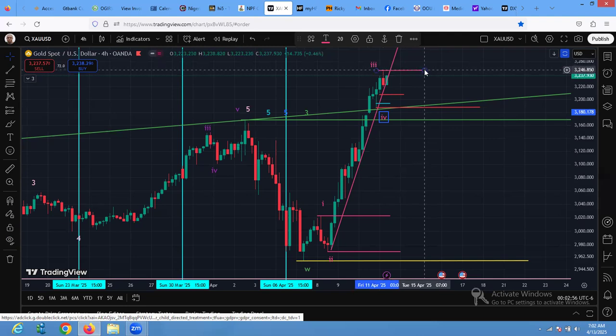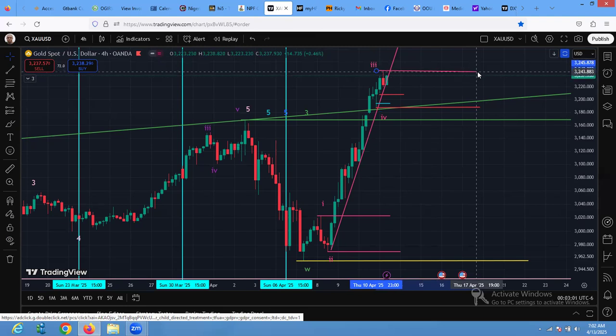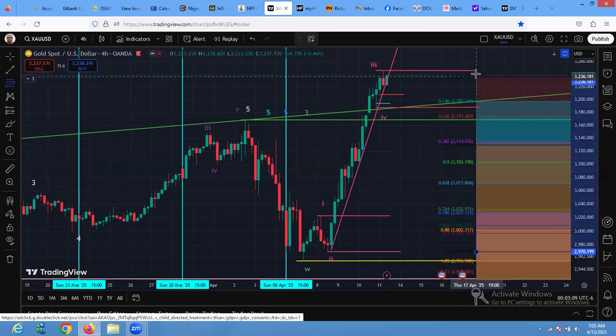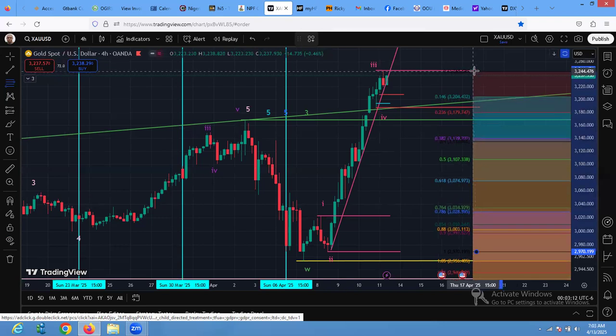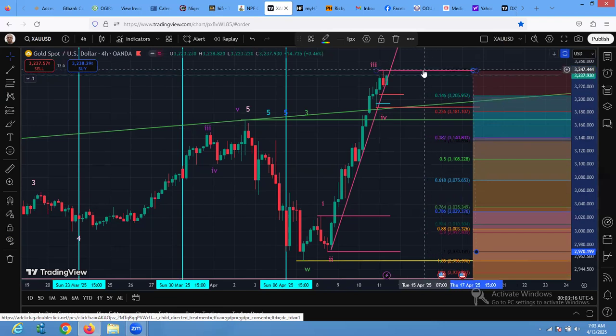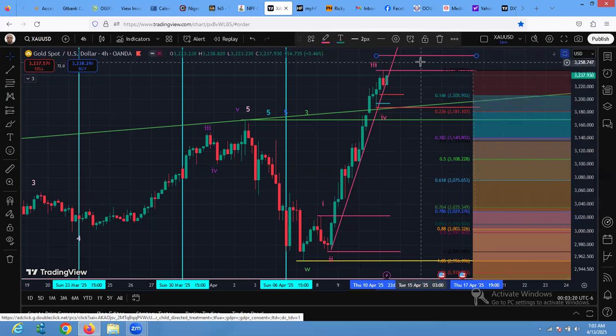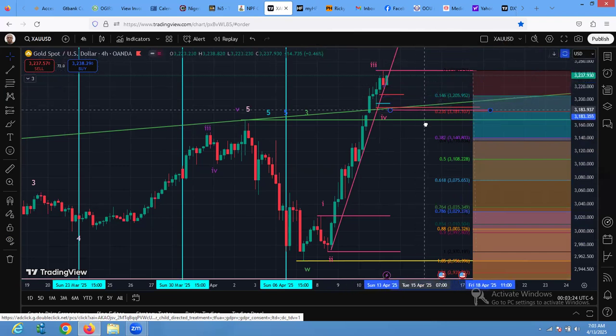Assuming it's turning down to give us wave 4 from here, it means that from this area to this area, I'm teaching us that wave 4, if it's wave 4, shouldn't go beyond here really, as that's too big.